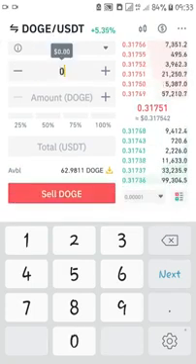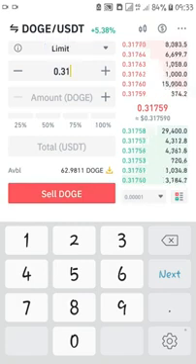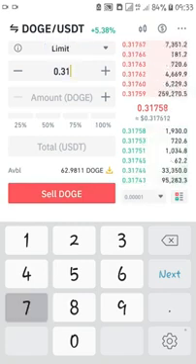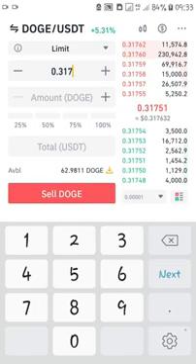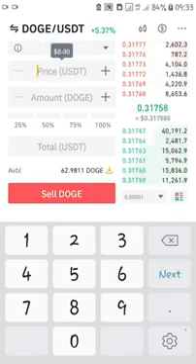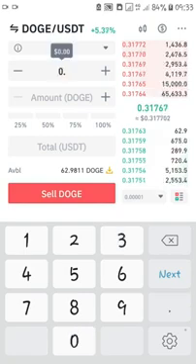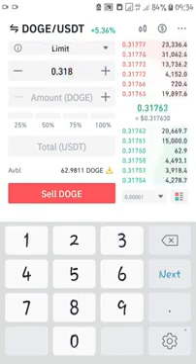So the Dutch I just bought, I want to sell it and get my money back because I just did that for the tutorial. So I'll decide to sell it when it gets to 0.31800.